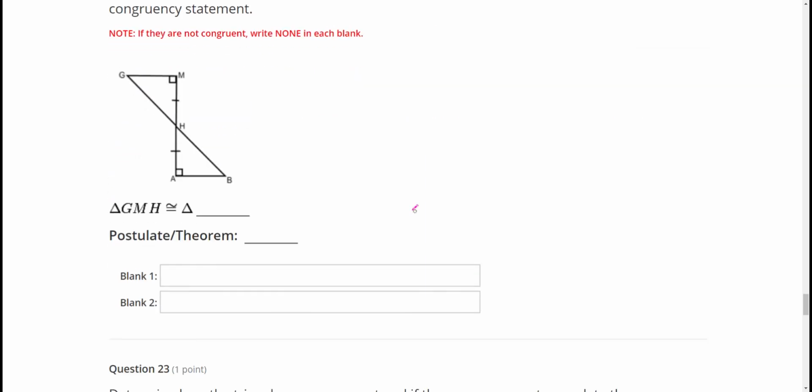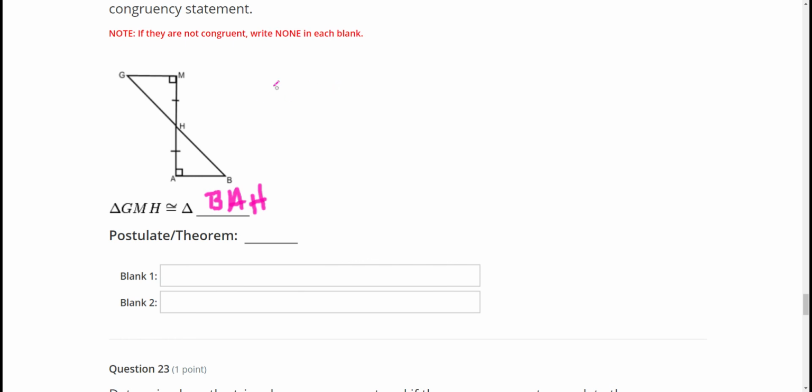What about this one? So G, M, H, B, A, H. Why? Is this side, side, side, side, angle, side, angle, hypotenuse leg?